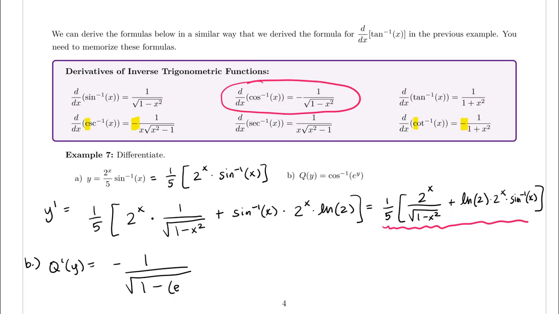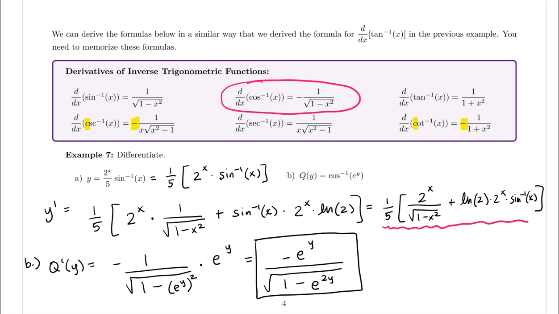So in this case, it'd be e to the power of y quantity squared. And then I need to use the chain rule and multiply by the derivative of the inner function, which in this case would be e to the power of y. And if I just clean this up, we have negative e to the power of y over the square root of 1 minus, and if I square e to the y, that gives me e to the 2y. So here is my final answer for part B.